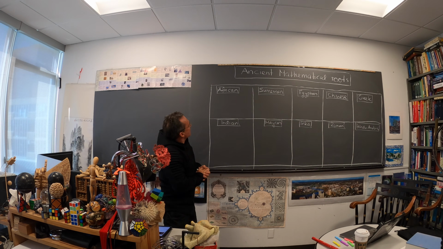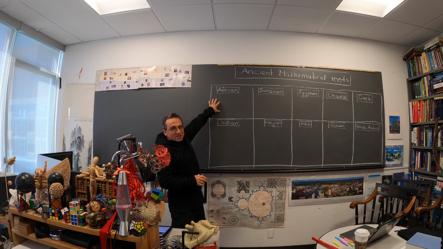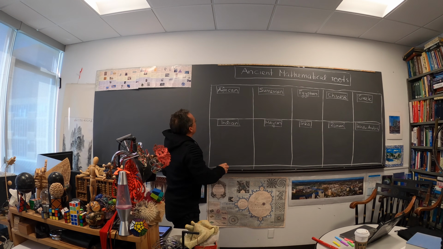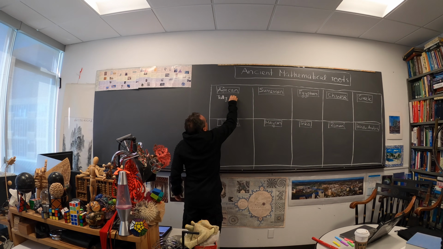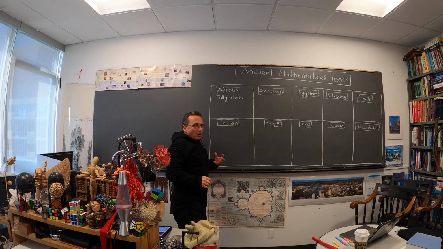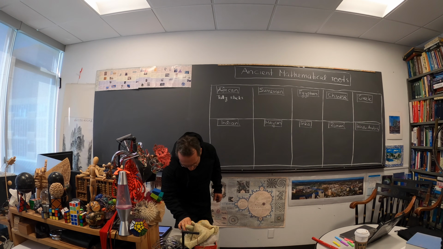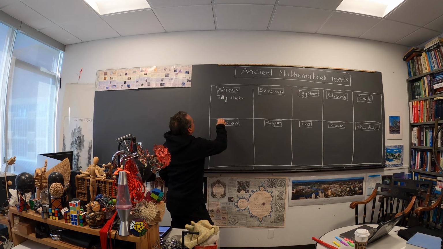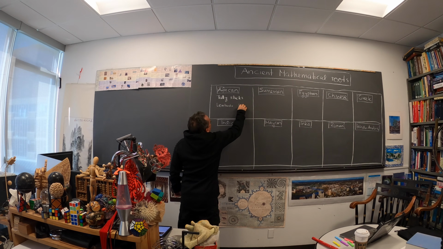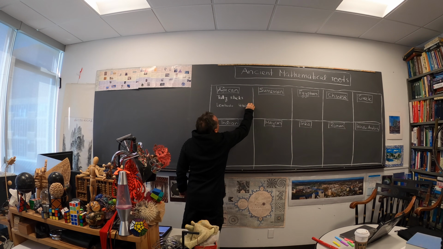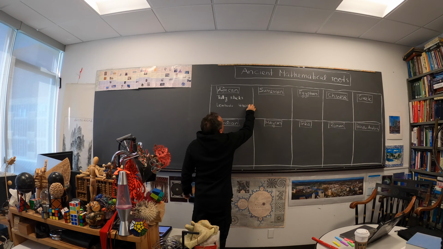So let me just start with the African. This was the oldest really approach to mathematics, first appearance of mathematics with tally sticks. So no numerals yet, but it's very old. So this is 44,000 BC.